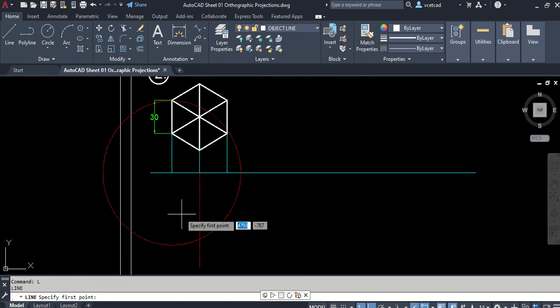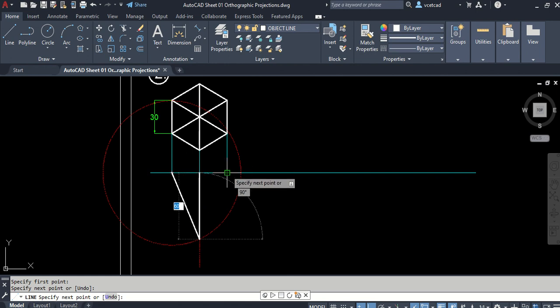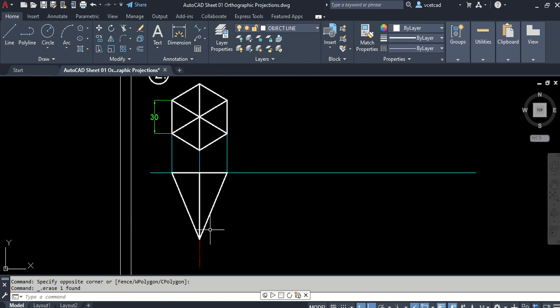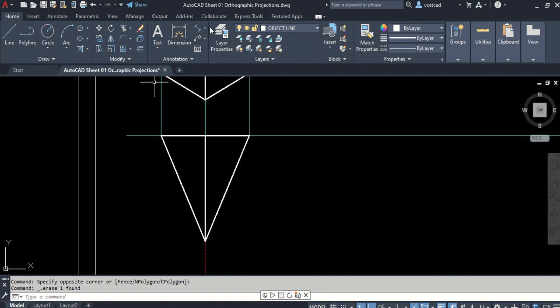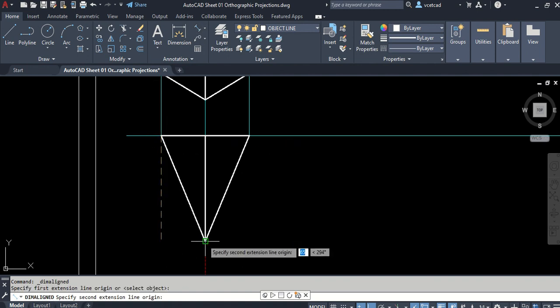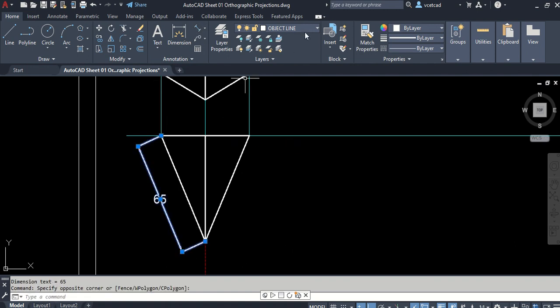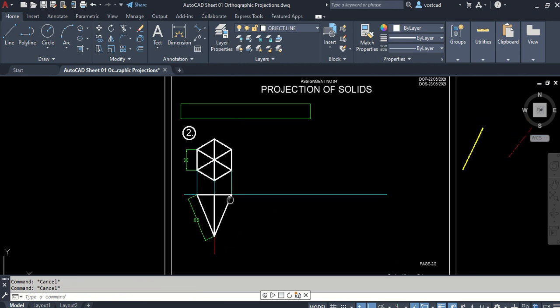In your case, you keep the compass at 65 millimeter, place the center at this point, and cut an arc on the axis. So automatically this length will be 65. Now I'll erase this; in your case it will be just a small arc that you can retain. Let us check the dimension now. The slant edge is 65 millimeter. Is that clear? So this is stage 1.